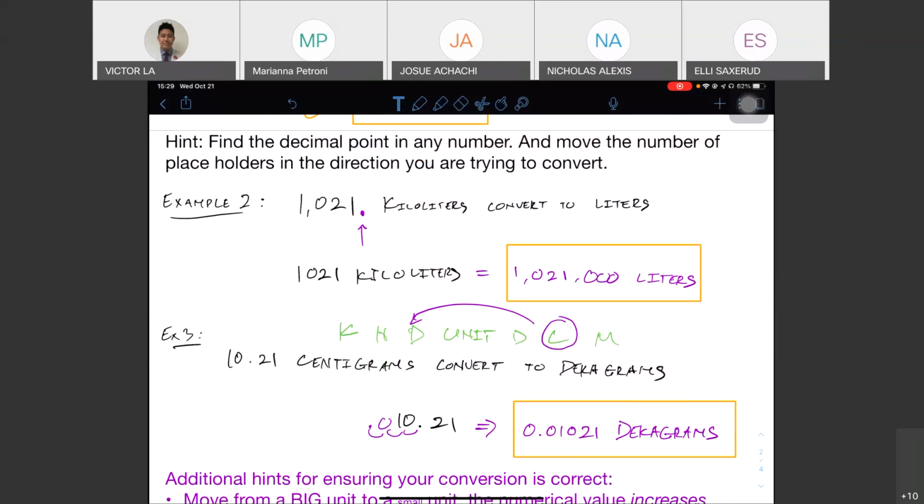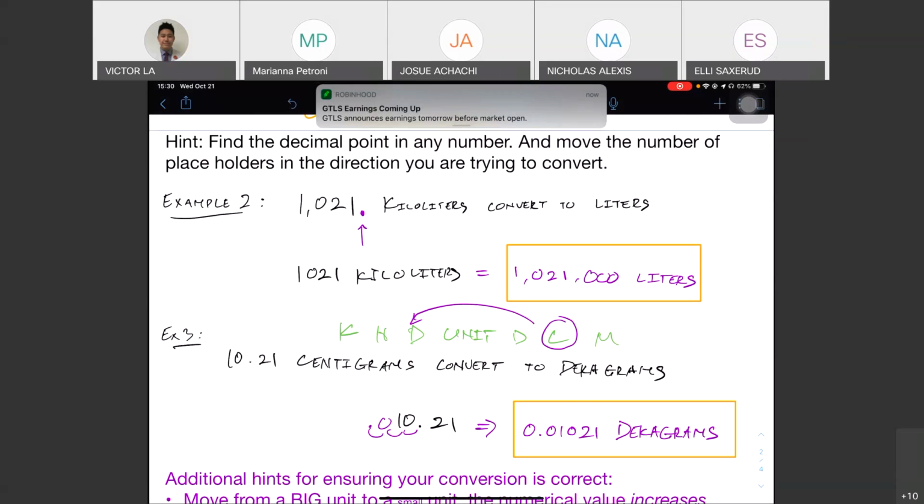So remember, these are equivalent values. They are the same in terms of information, in this case, volume. If you have 1,021 kiloliters, you have 1,021,000 liters. That's also the same thing as saying, if you have $5, you have 500 pennies.